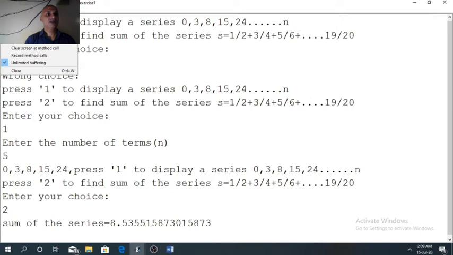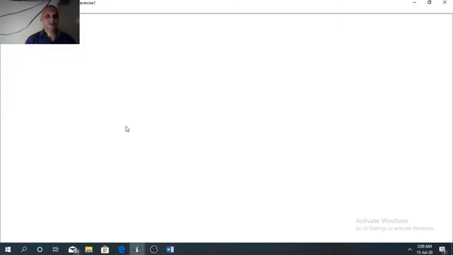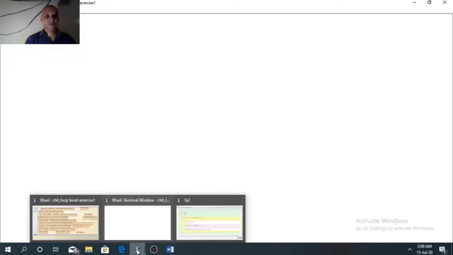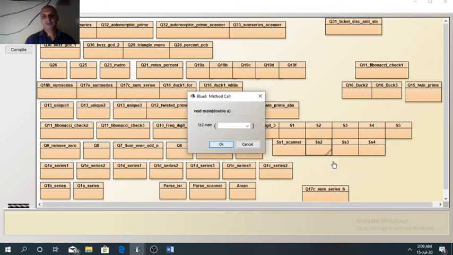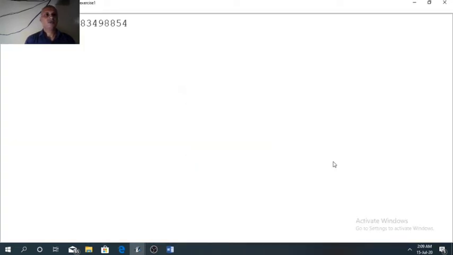First, let us clear the result of the previous program. Suppose we enter value of a as 2. So for 2 it will display result like this.